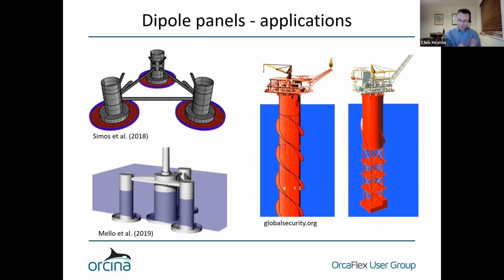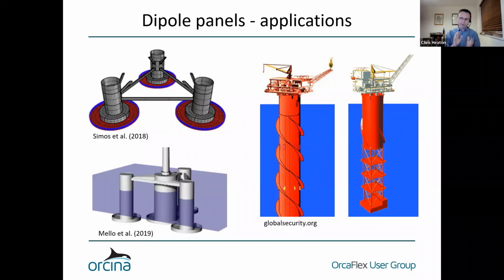The reason for having a new feature here is that these thin structures are problematic in a conventional mesh that you would use in a diffraction calculation, and the generic behavior is that you get unreliable results if you try to model these structures.